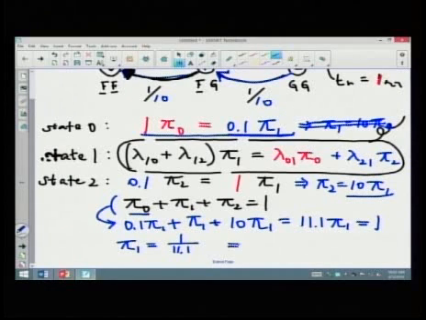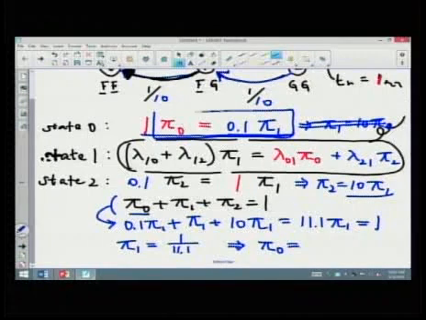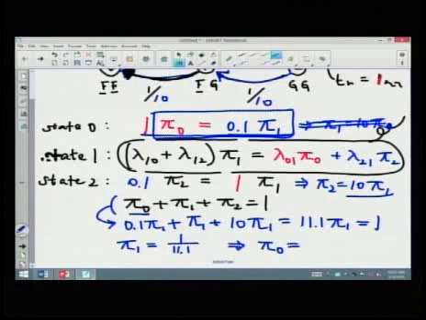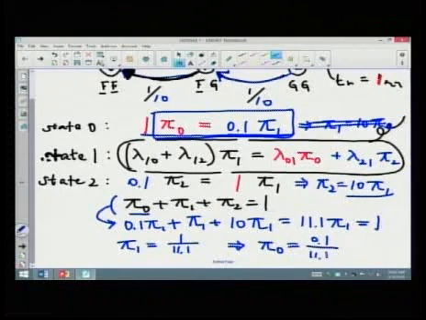From here, what is pi 0? Pi 0 is 0.1 times pi 1, so 0.1 over 11.1.